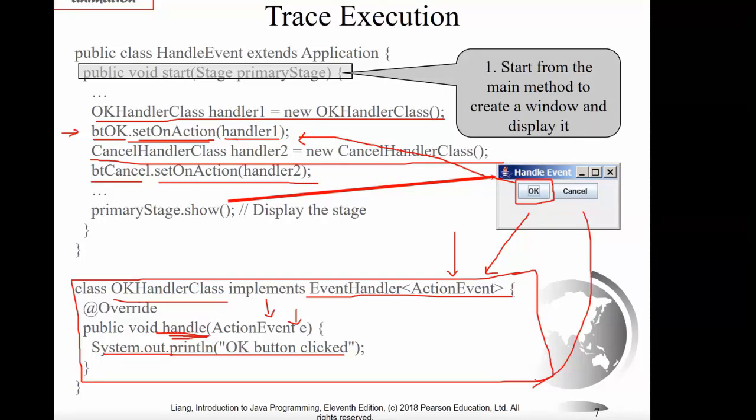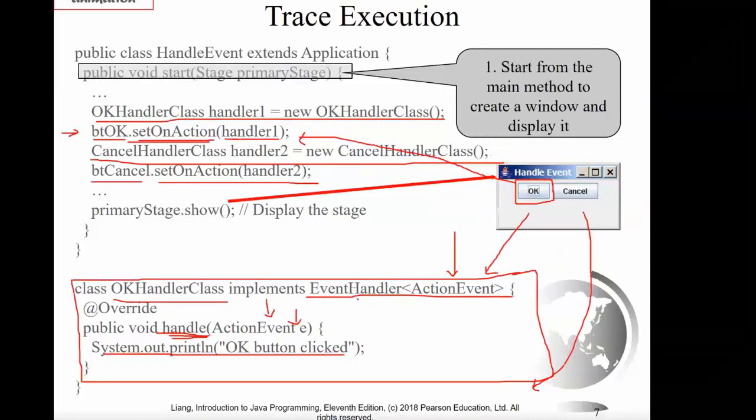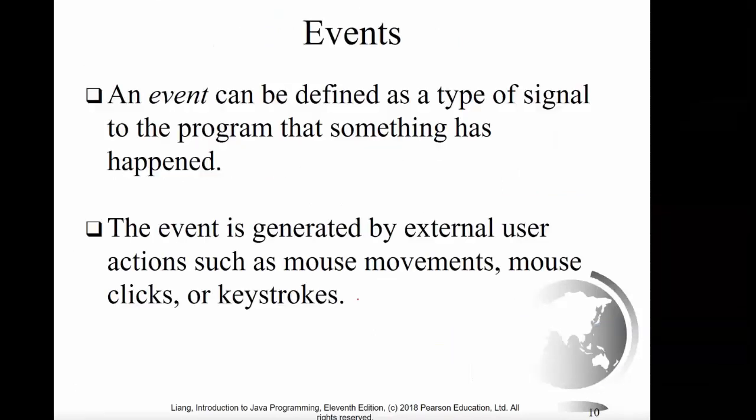So there is another inner class that listens to the btn cancel, and when the btn cancel is clicked, it fires the action event, and the handle method of the cancel handler class responds to that. So now here, click OK, the button clicked will be working. Why and how? We will see this.